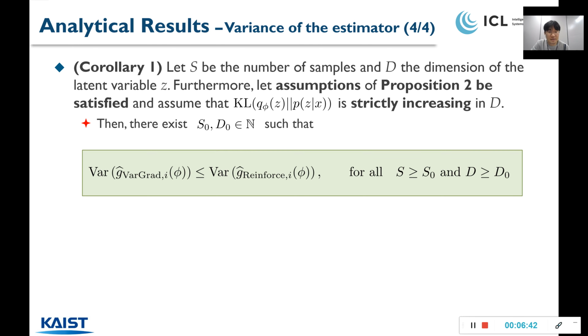Corollary 1 indicates that when proposition 2 is satisfied and KL divergence is strictly increasing in D, the variance of VarGrad is always smaller than the variance of REINFORCE estimator.